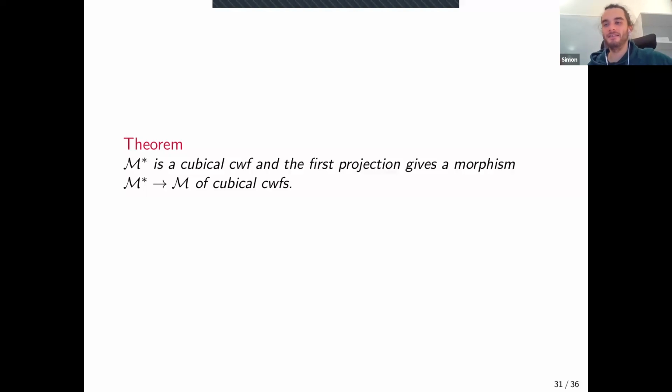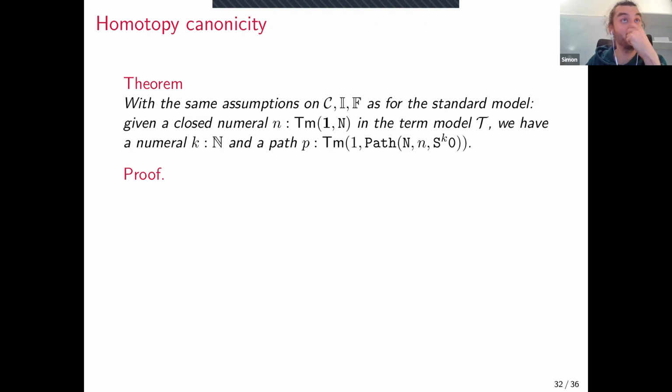So this gadget we just defined is again a cubical CWF, and we have a morphism of cubical CWFs, which is given by the first projection. Now we will apply this to get homotopy canonicity in the following form, with the same assumption as before for the standard model.